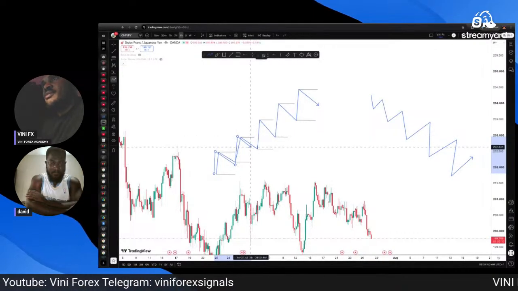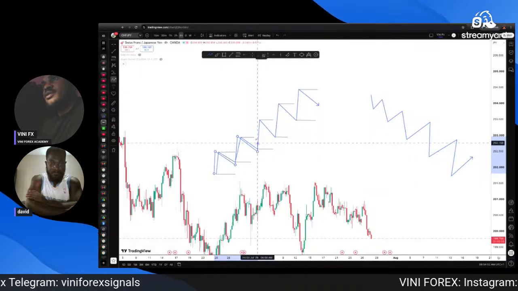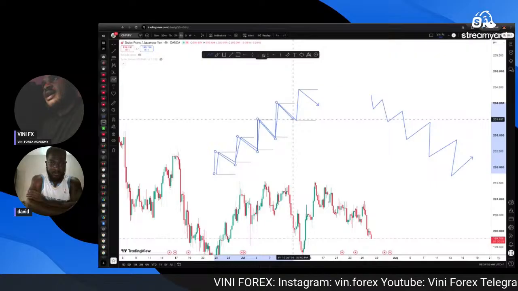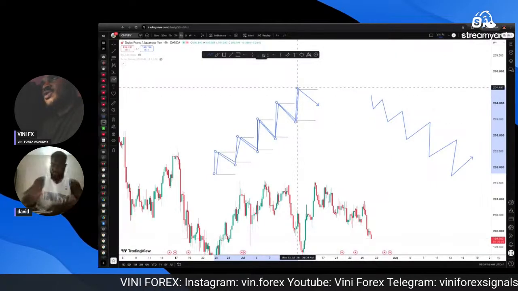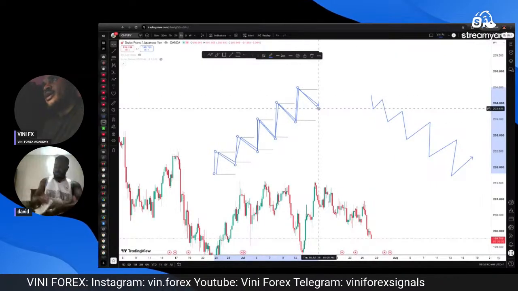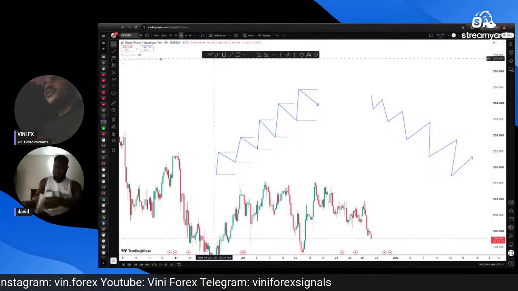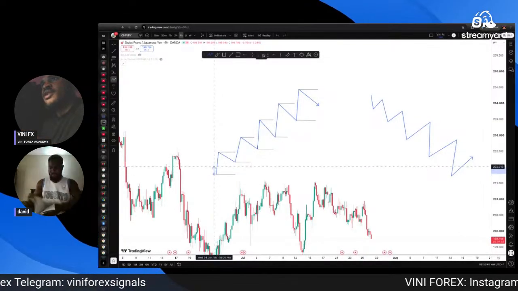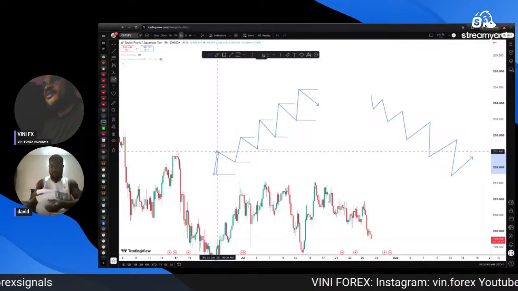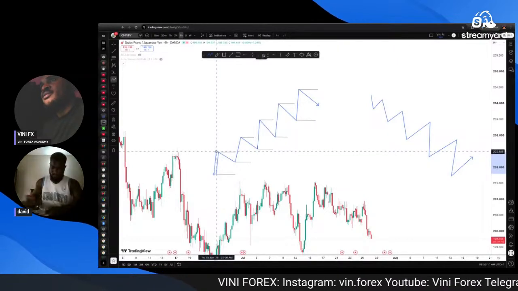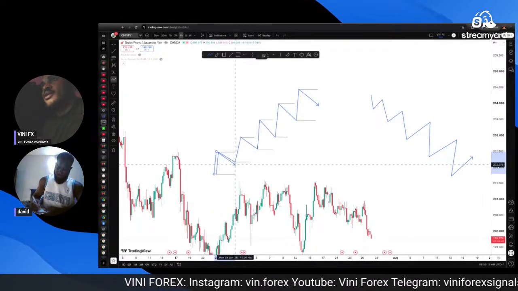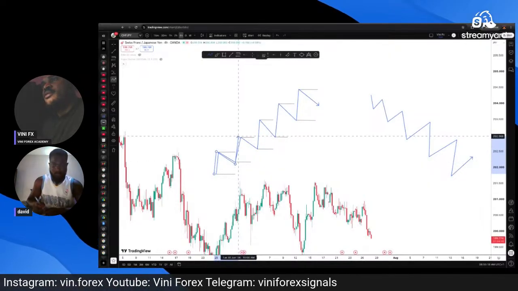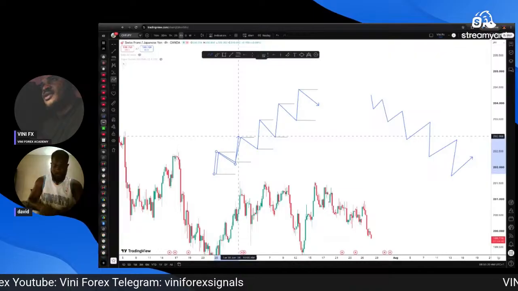Every swing high must give you a swing low, a swing high, a swing low, a swing high, a swing low, a swing high, and a swing low again. So this one is an impulse. When it's going up to give you a high on an uptrend, it's called an impulse movement. When it's coming down to give you a low, it's called a retracement. Going up again to give you another high, it's called an impulse movement.